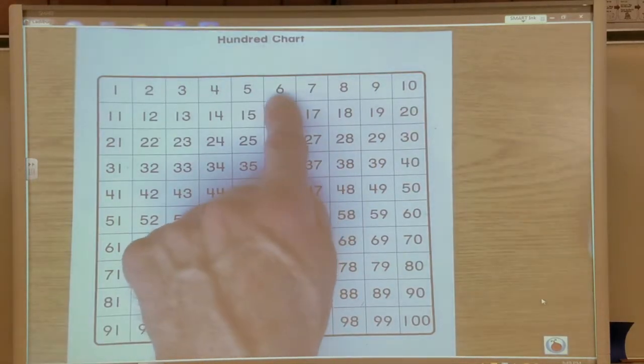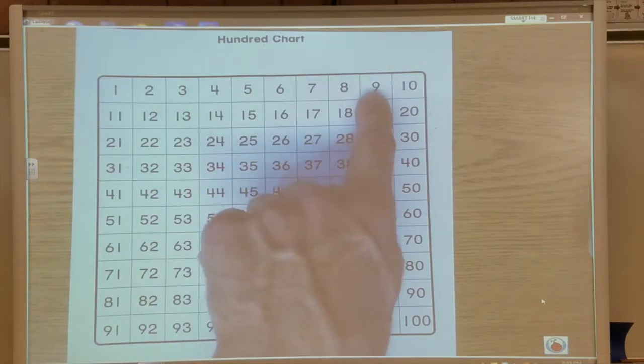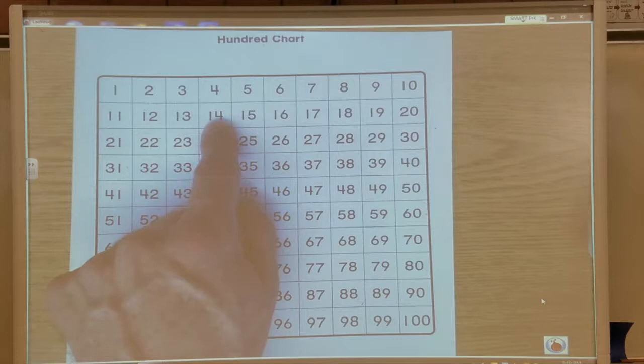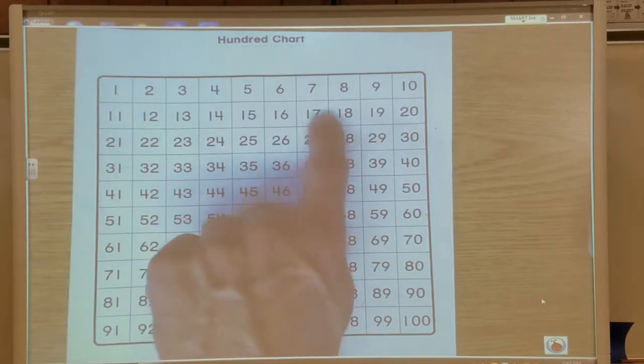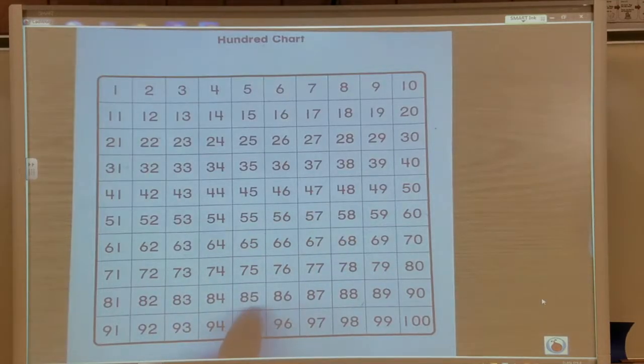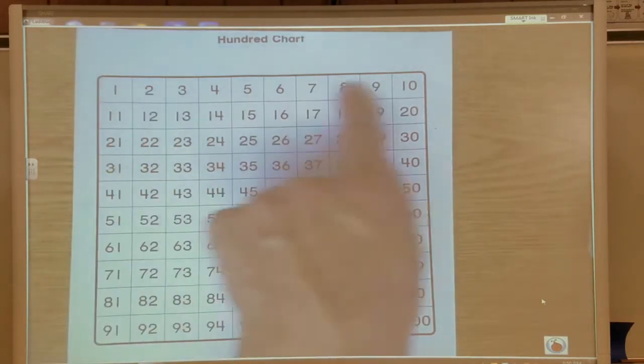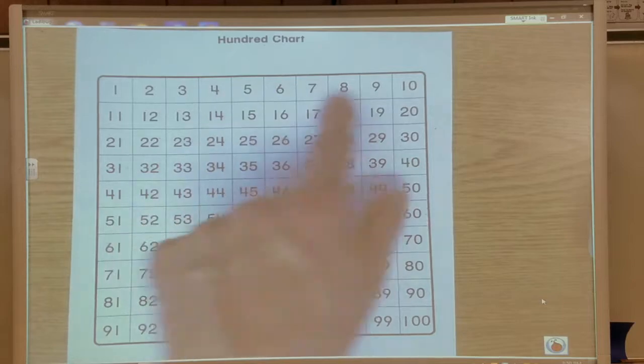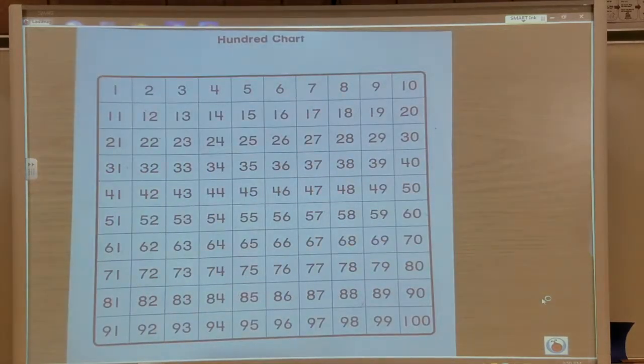So beginning with the number 6, knowing that it's 7, 8, 9, 10. Beginning with the number 14, knowing that it's 14, 15, 16, 17, 18, 19, 20. So knowing how to count from 1 to 100, but then also knowing how to count on from any number, but especially being able to count on within the first 20 is a great standard.